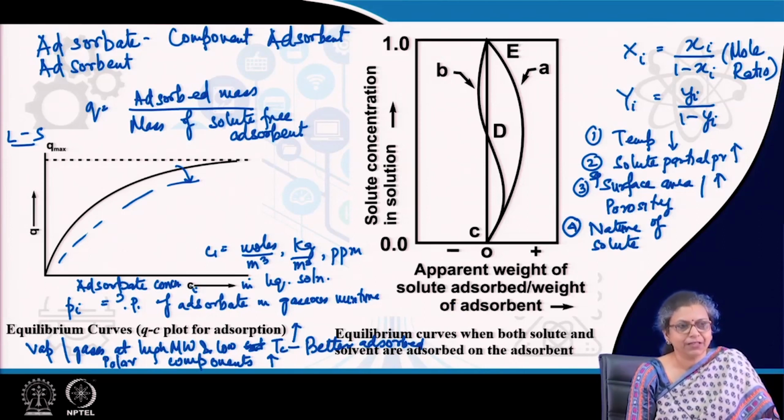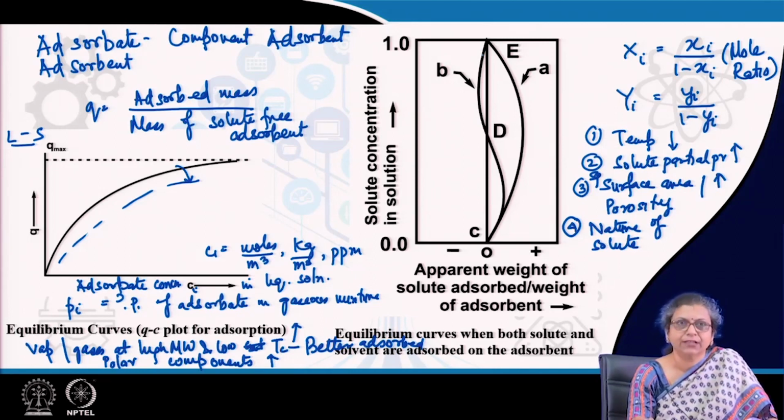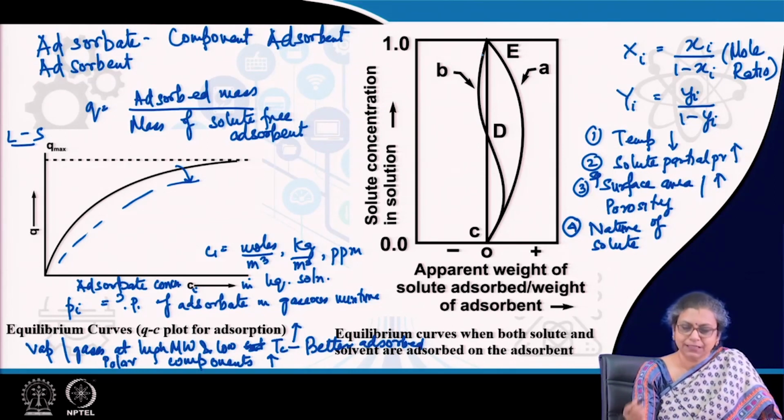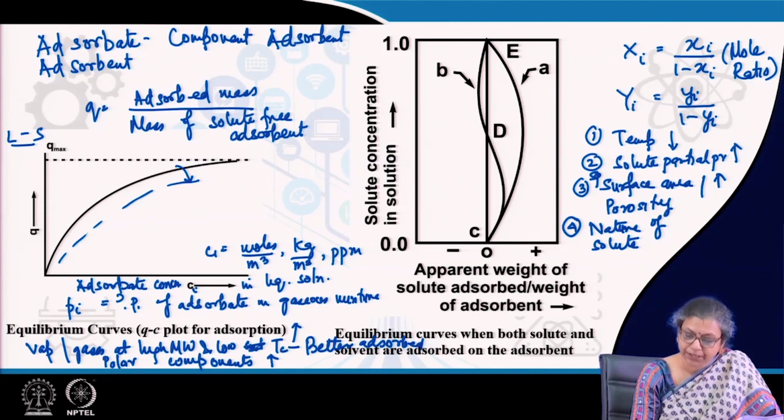This is evident from this particular portion of the curve: it actually appears that Q becomes negative under such a condition. And therefore, under these conditions it is important that we consider the apparent weight of the solute adsorbed per weight of the adsorbent.